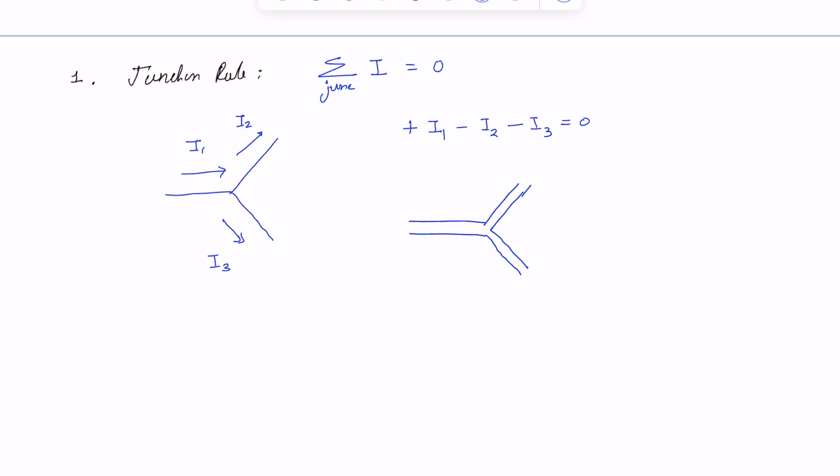So whatever flow rate is here, meaning whatever volume of water is coming in here per second, that should be equal to whatever volume of water is leaving here, and then whatever volume of water is leaving here, right?